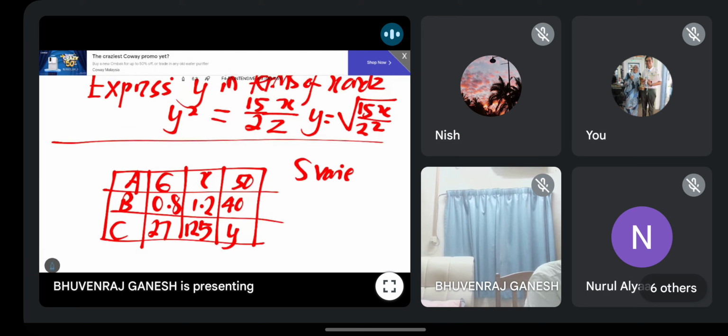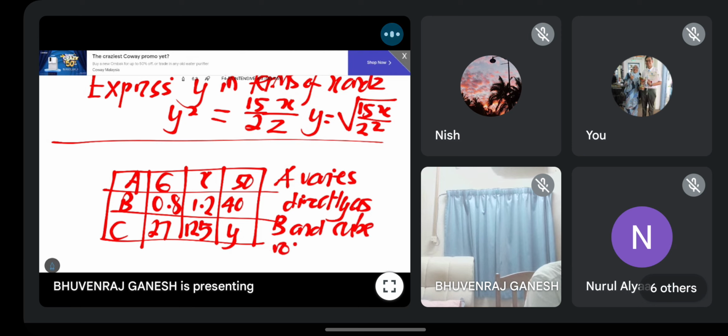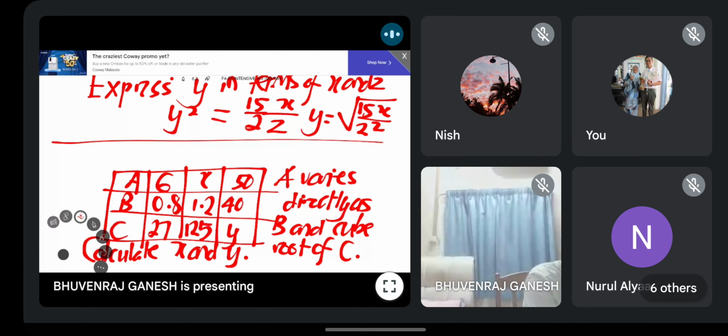A varies directly as B and cube root of C. Okay, A berkadar langsung dengan B dan punca kuasa 3 C. So the question is, calculate X and Y. Suruh kamu cari nilai X dan Y. So guys, can you all type out first?